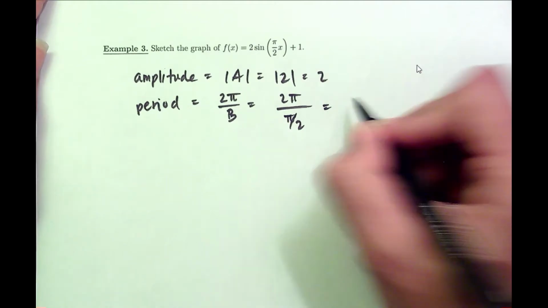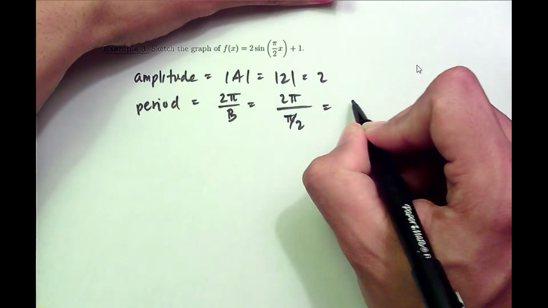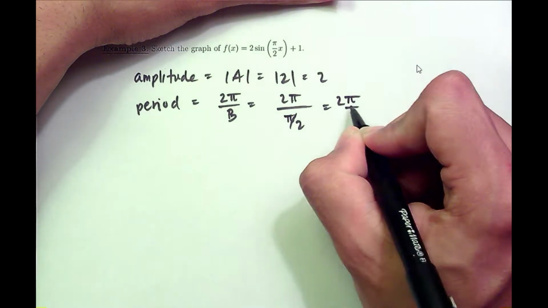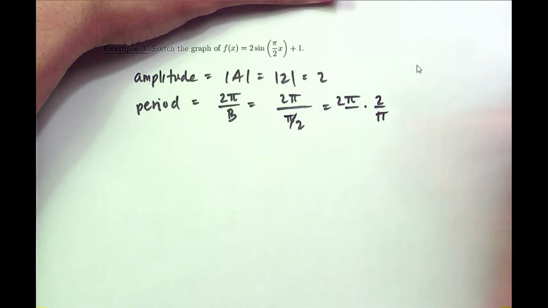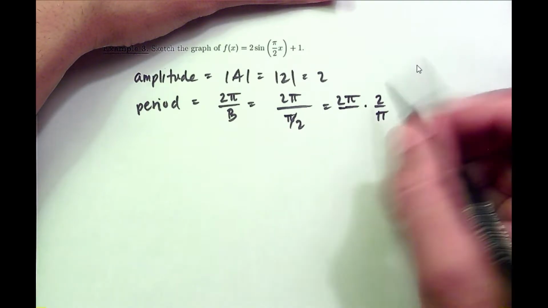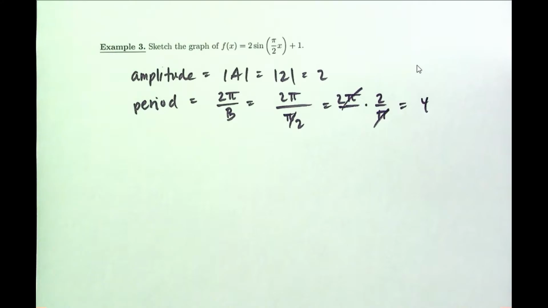And then simplifying, you get 2 pi times 2 over pi, since dividing by something is the same as multiplying by the reciprocal. So now you can cancel the pi's and you get 4. So the period is 4. That means the main piece of the graph is going to repeat itself after every 4 units.